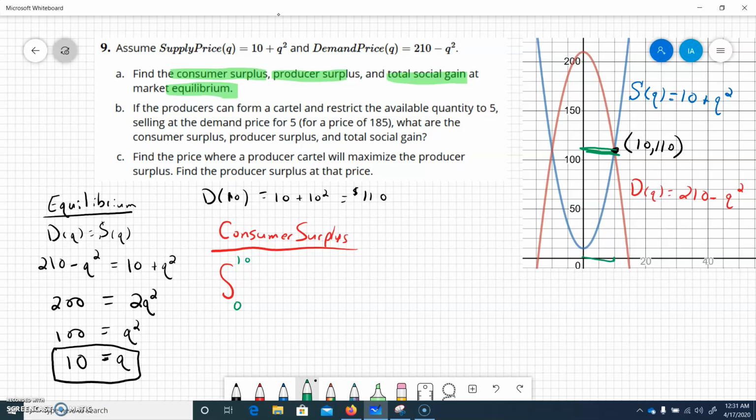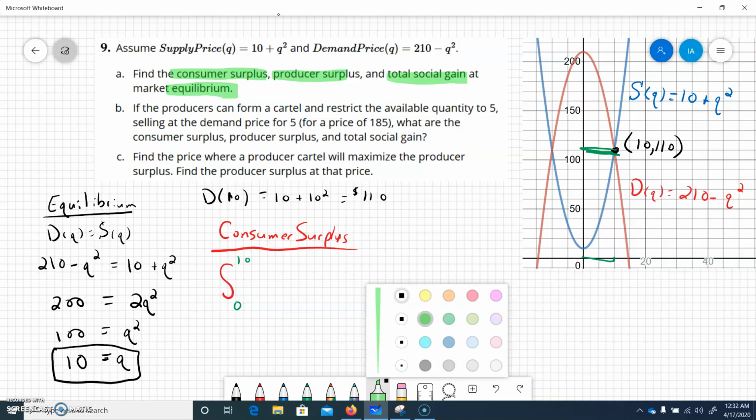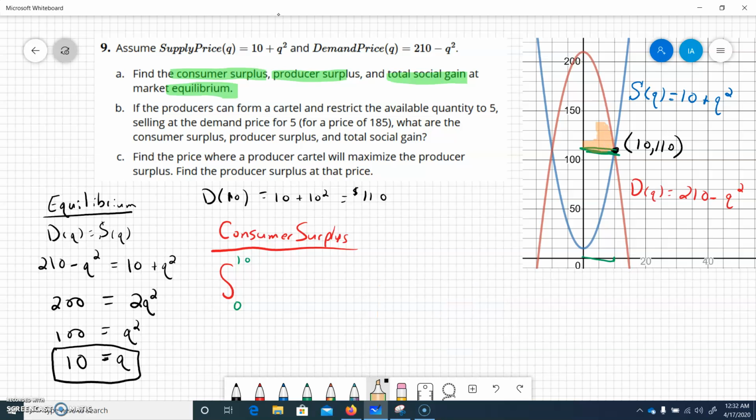So we're looking for, first of all, this shaded, well, it's not shaded yet, but it would be shaded up top. Let me make it green. This area up here, this would be our consumer surplus. That's money that is saved by the consumer.